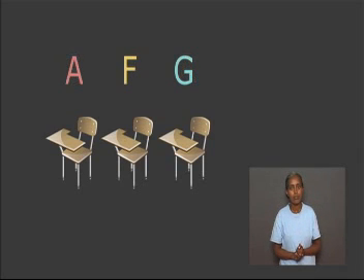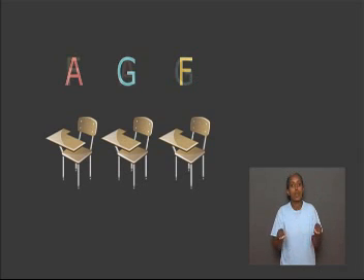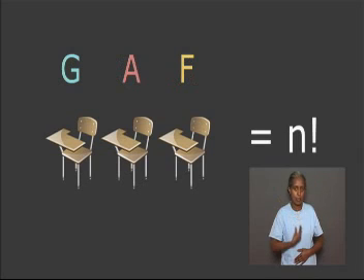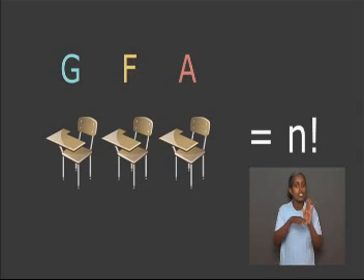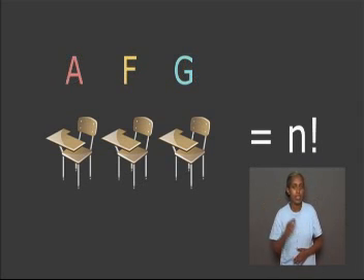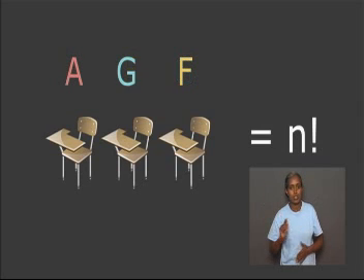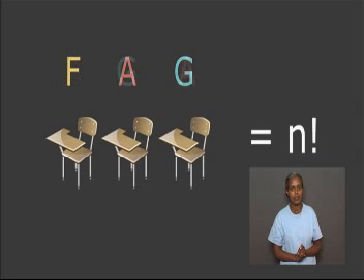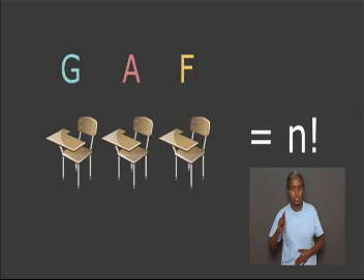The number of permutations of a set with n elements is denoted this way, as n factorial. The exclamation mark represents the factorial function. The factorial of a positive integer n is written as n factorial.